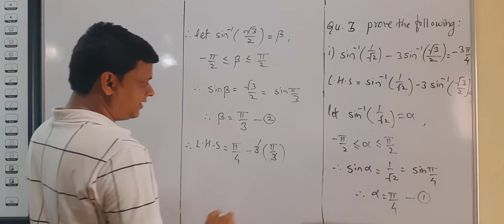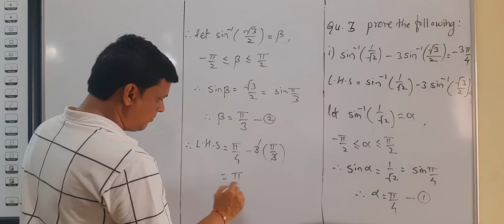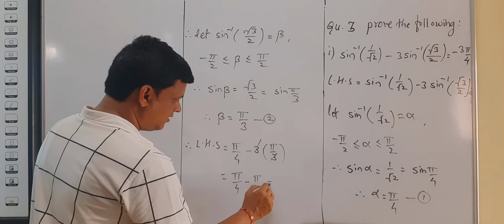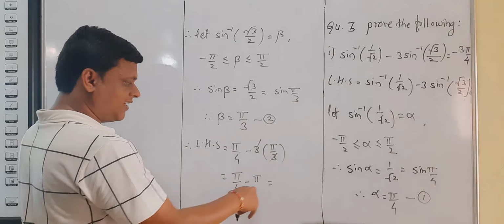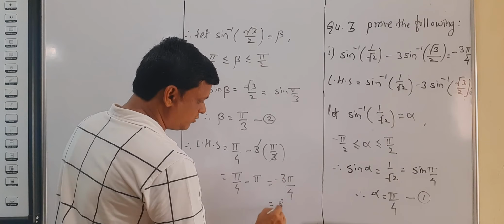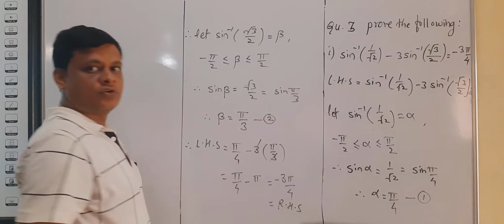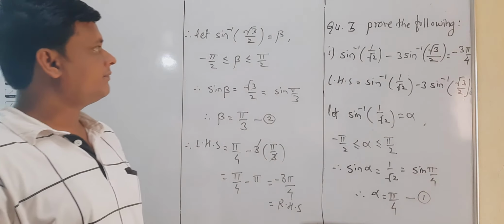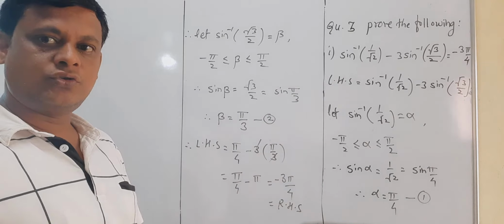So after cancelling 3, we get pi by 4 minus pi, that is pi minus 4 pi, that is minus 3 pi by 4, which is equal to RHS. So in this way we can show LHS is equal to RHS.